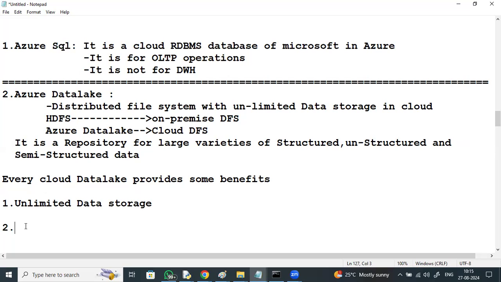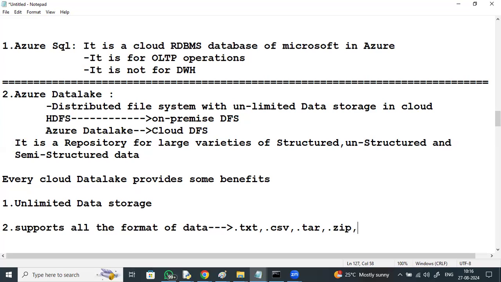But the data lake supports all formats of data, like .txt format, .csv format, .zip.